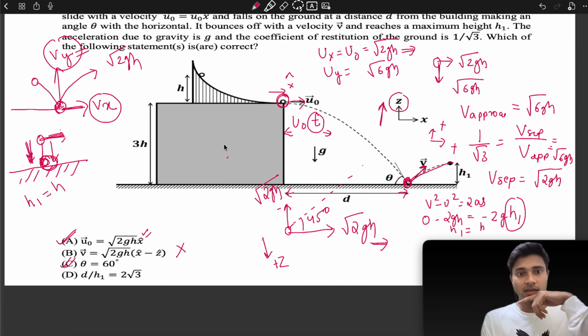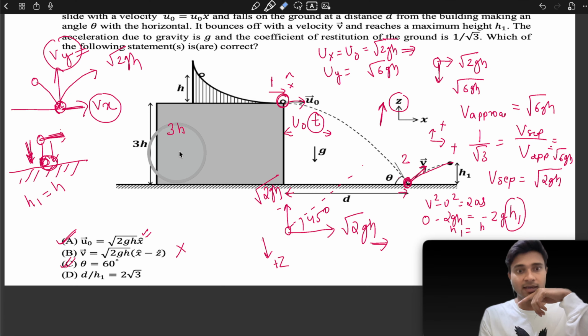Okay, time t. So let's see, the vertical distance traveled from point 1 to point 2 was 3h. Sorry, I should not write directly. We can write s is equal to ut plus half at square.